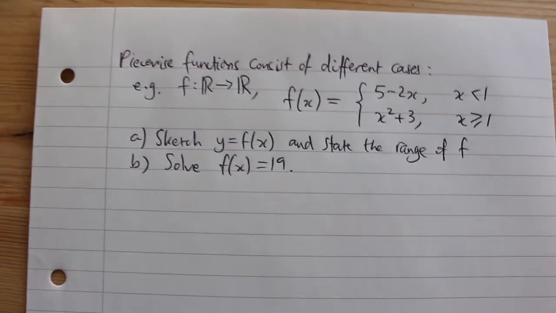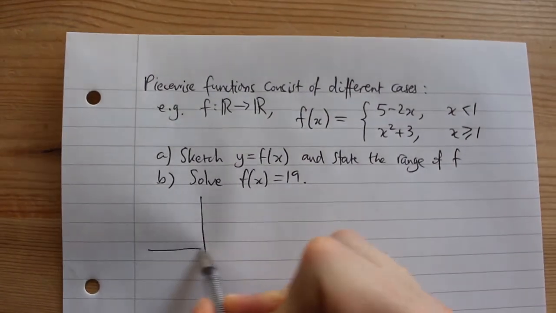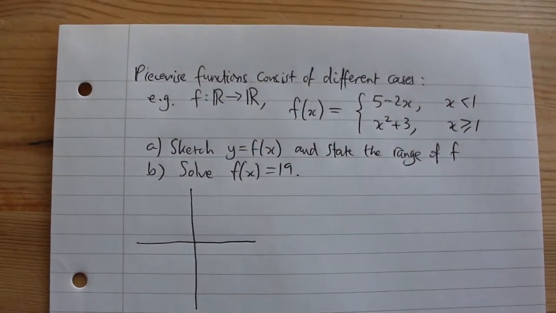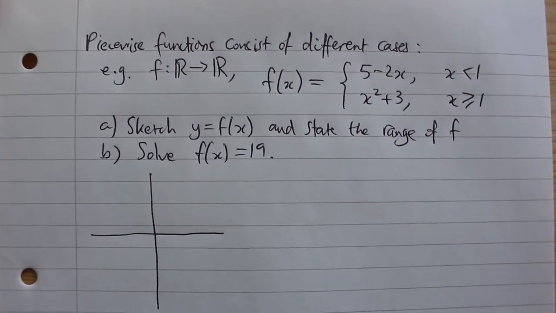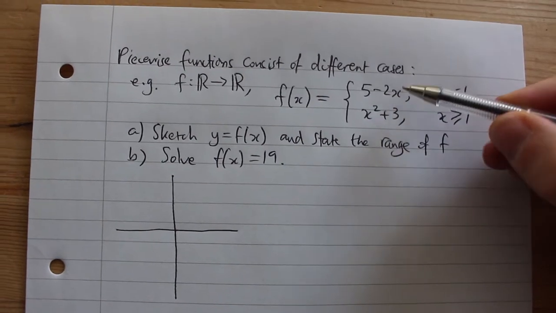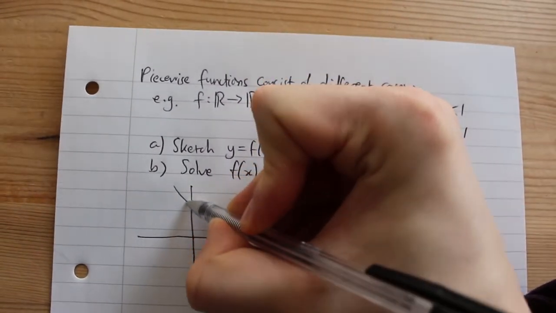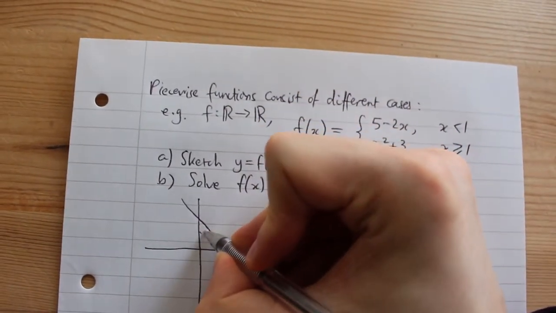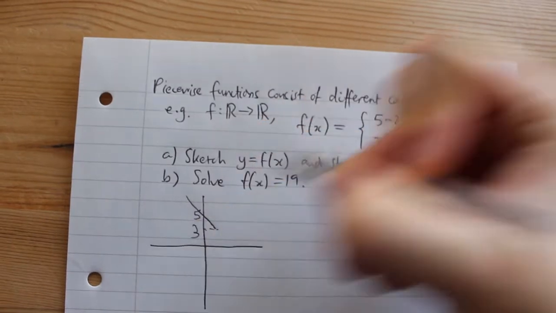So the graph consists of two different parts. When x is less than 1, we get this line, y equals 5 minus 2x. So if we were to put 1 into that, we would get 3. So the line is like this, and then it ends at 3 here. And this is 5.